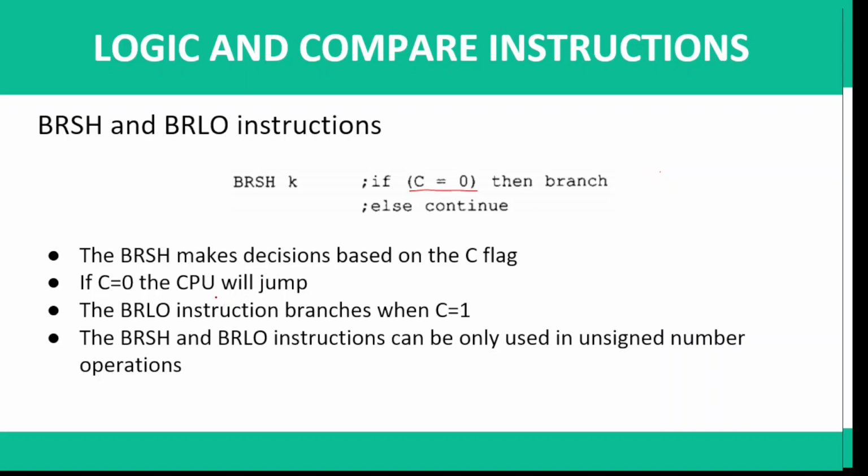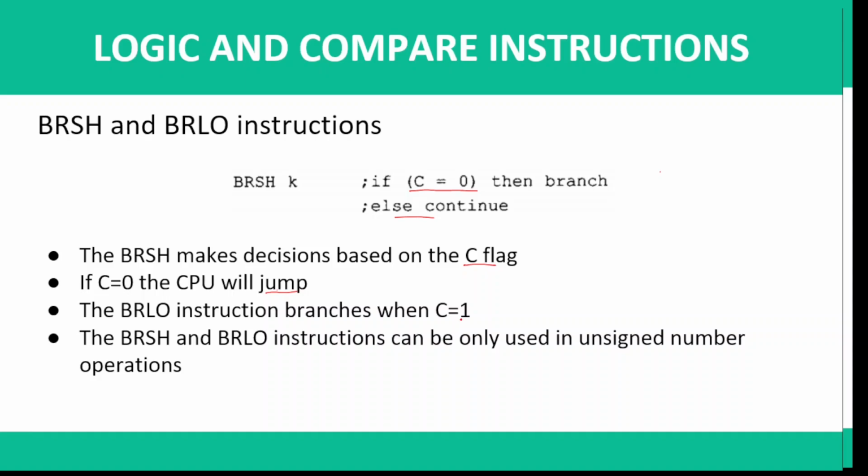So again, i-detail lang nato in terms of the flag. Again, it makes a decision based on the carry flag. If our carry is equal to 0, the CPU will jump, meaning mo branch siya. But if not, then it will continue. Ang kalahiran po sa BRLO instruction, it branches when C is equal to 1.